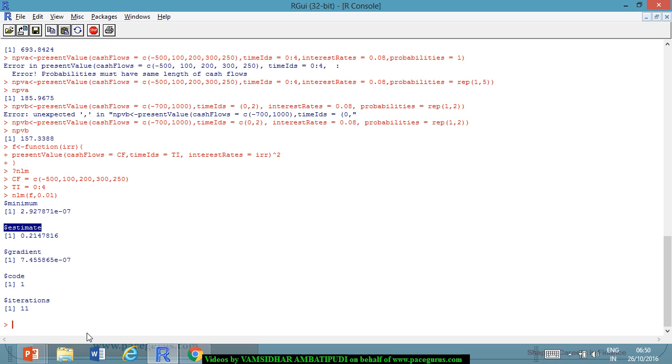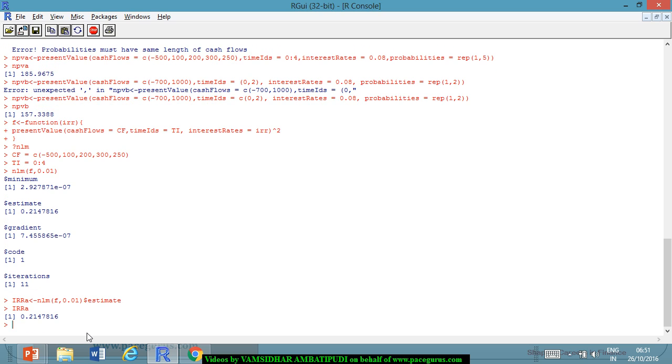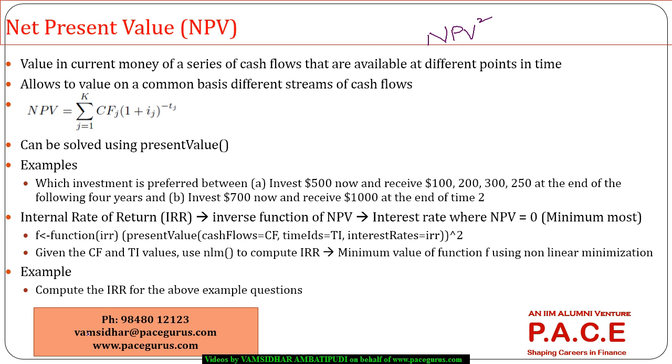So when I am saying IRR in case of A, I'll always say NLM, whatever is the NLM that we are executing, let's say using 0.01, and I will take the estimate value of that, and that is what will be my IRR A. So in the first case, the IRR is coming out to 21.47%.